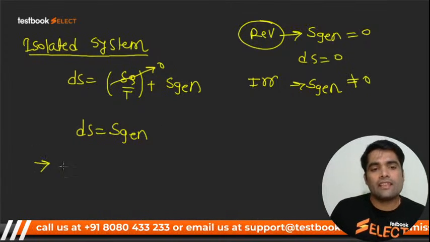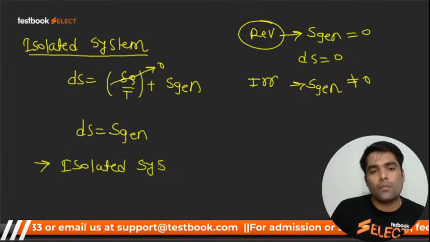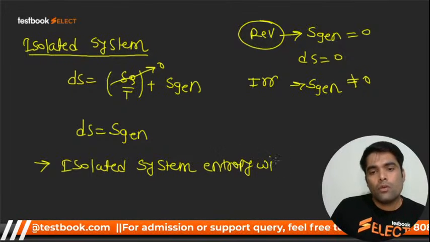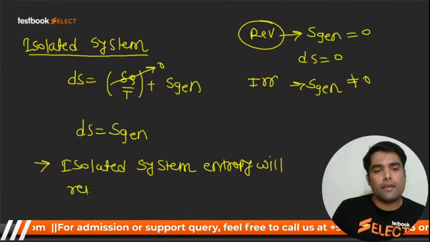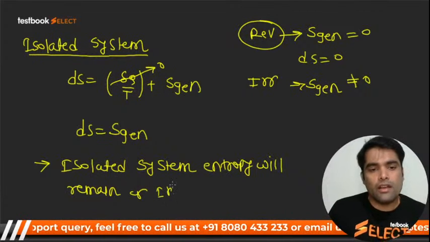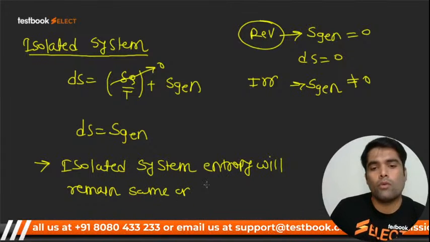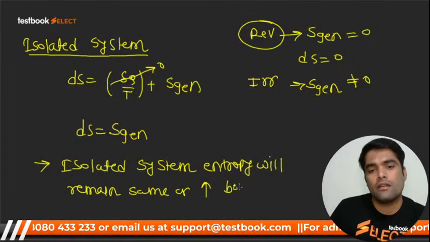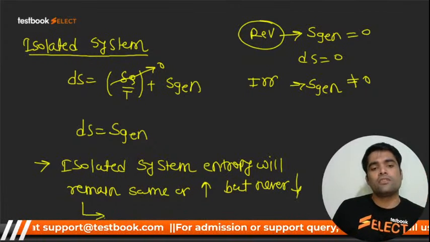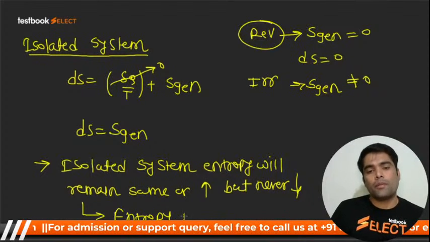So can I say the entropy of an isolated system will remain the same or increase, but never decrease? And this sentence is known as the entropy principle. इसी को क्या बोलते हैं बच्चा? एंट्रोपी प्रिंसिपल.